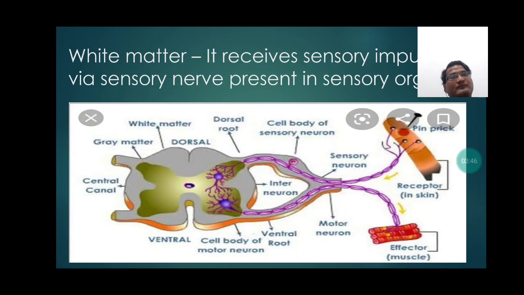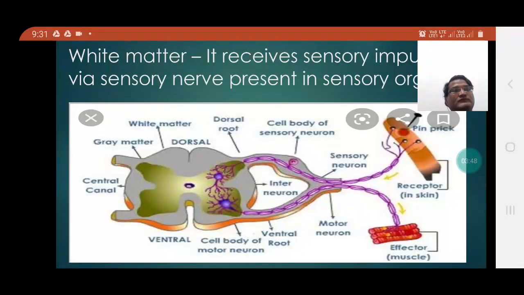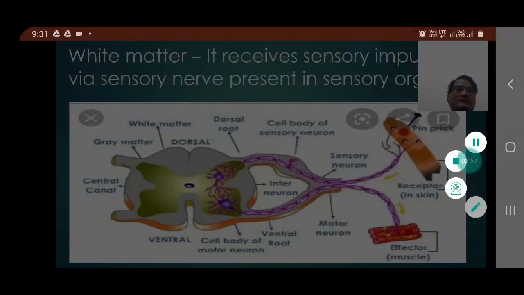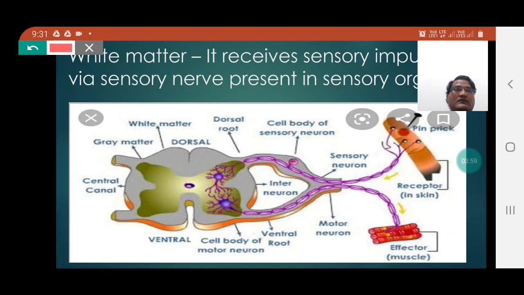to the spinal cord. So students, this sensory nerve carries the information from the sensory organ, that is the skin.